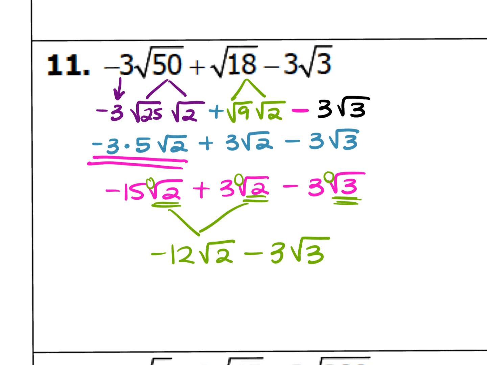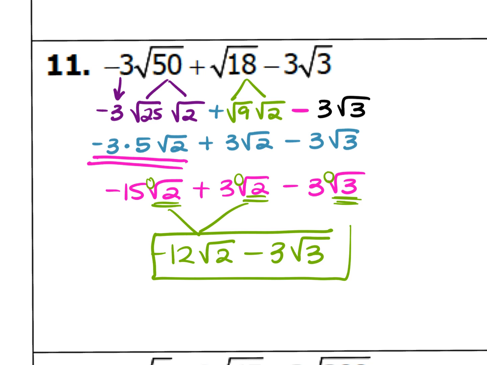There is nothing else you can combine about that. Don't combine that -12 and -3 because they don't have the same radical. You have to just be done. Okay? So if that 3 was like a 4, then you could make it a 2, then it would work.